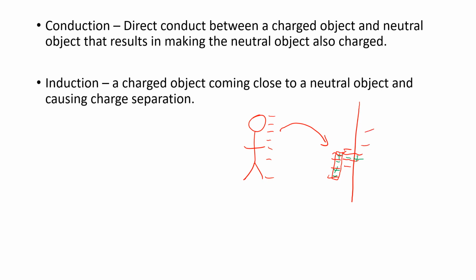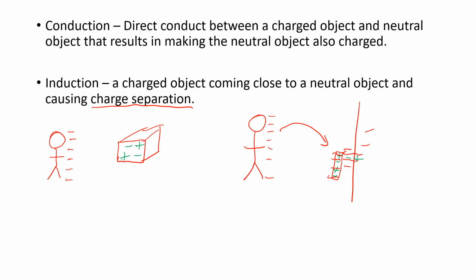Now, the difference from induction is when you create charge separation. It's more like if you are a negatively charged object and you see another object that is neutral, so it has positives and negatives.